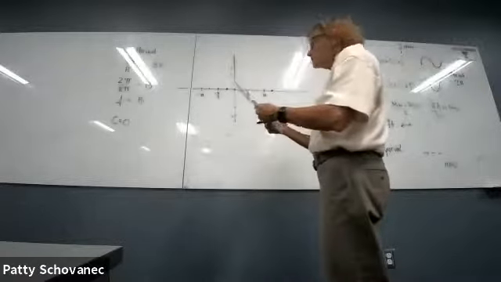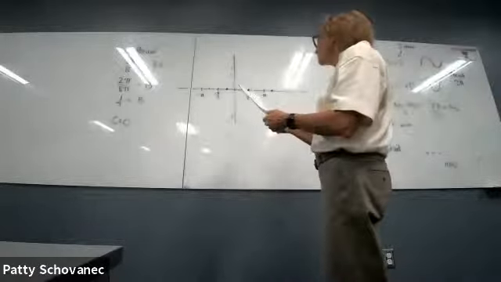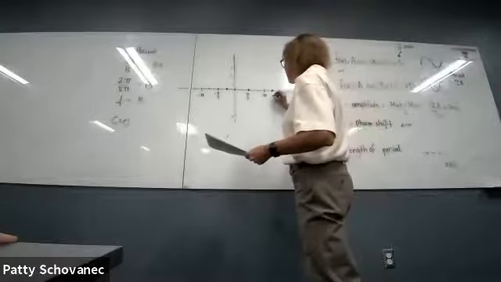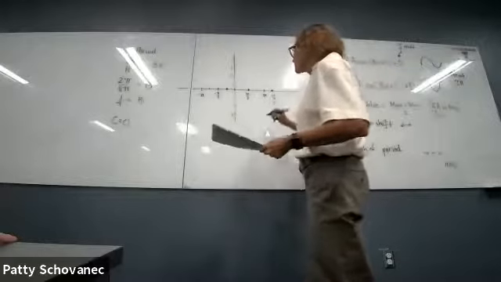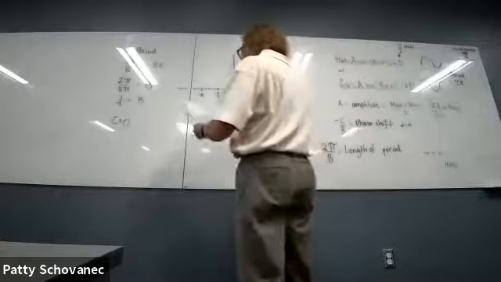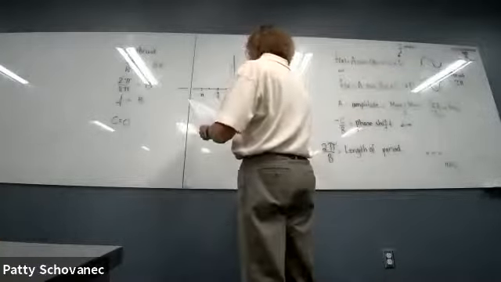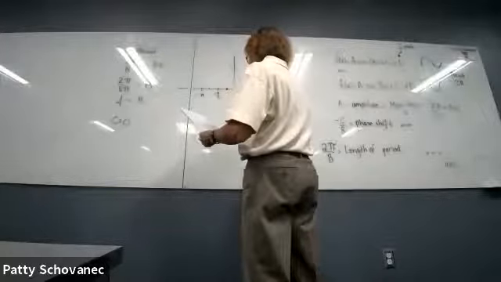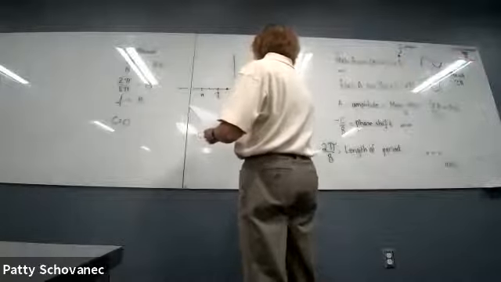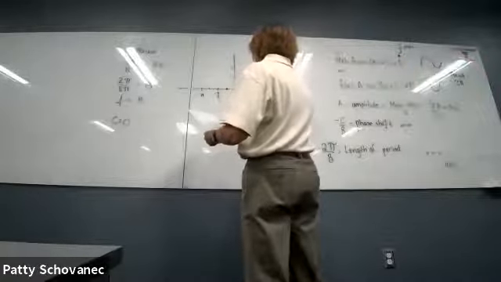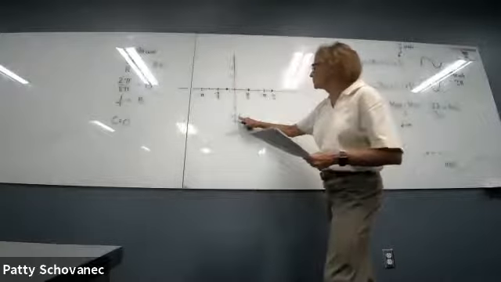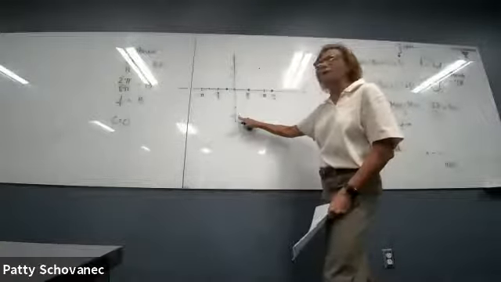Okay, I wanted to cross at -pi/4, pi/2, and then this one would be at 5pi/4. This is going to be, say, at pi/8, -3.